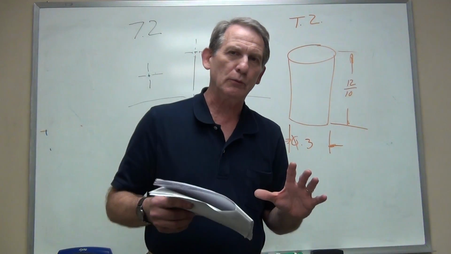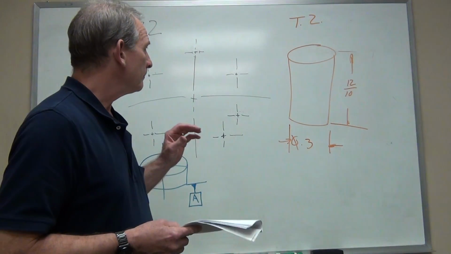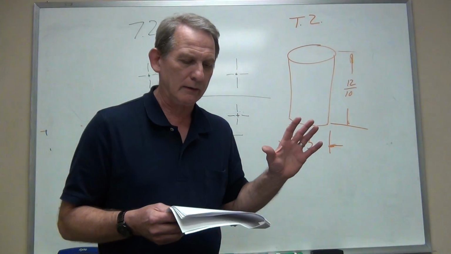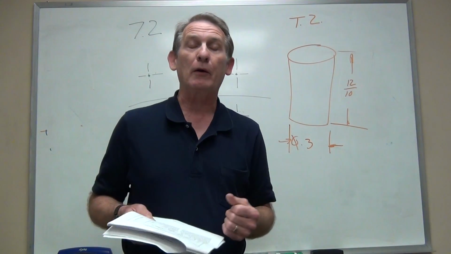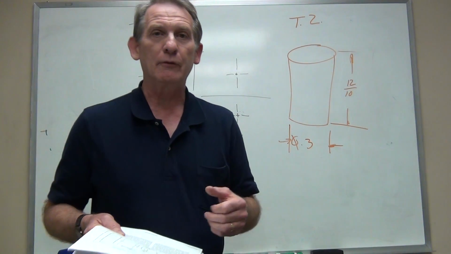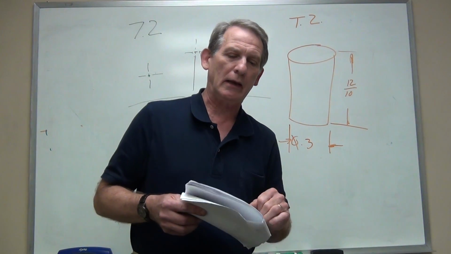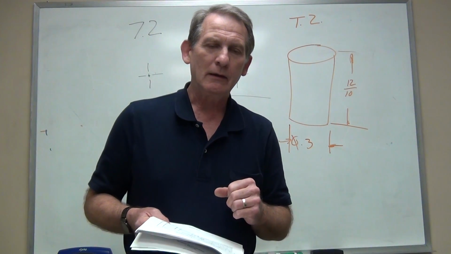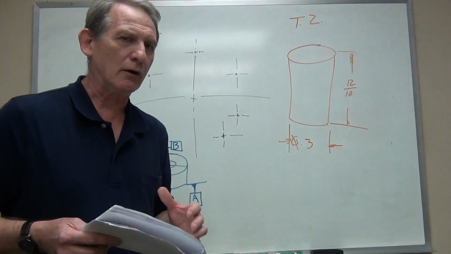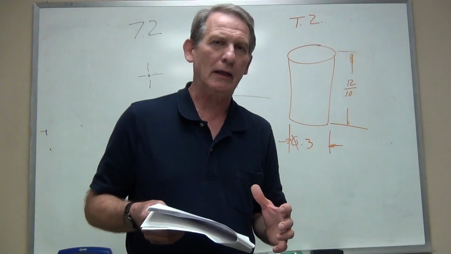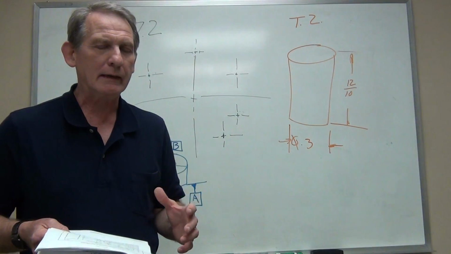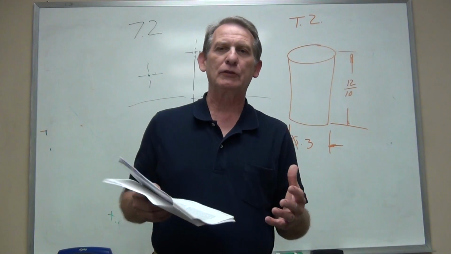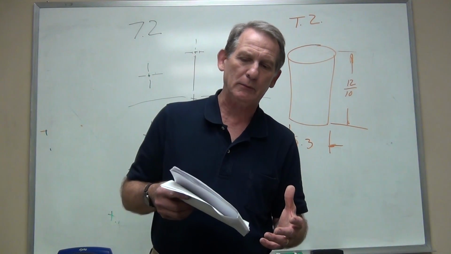So what I wanted to do was strip away some of that stuff and really strip away the part and all the features and focus on the datums and on the basic dimensions, because this really is at the heart of GD&T, the notion that we can define perfect geometry, and we do that with the basic dimensions.